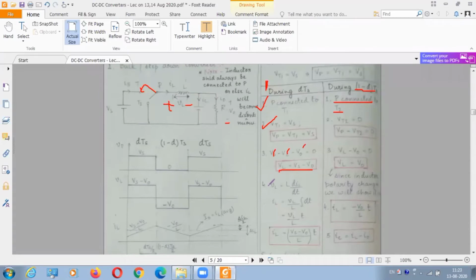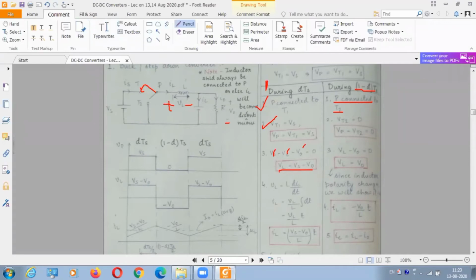Next, fourth point. From this VL, I can also derive the equation of the current. Voltage across the inductor is given by L dIL by dt.